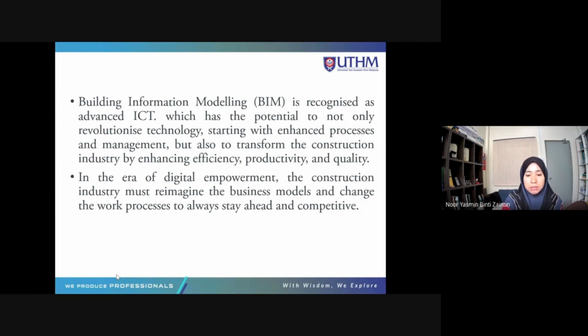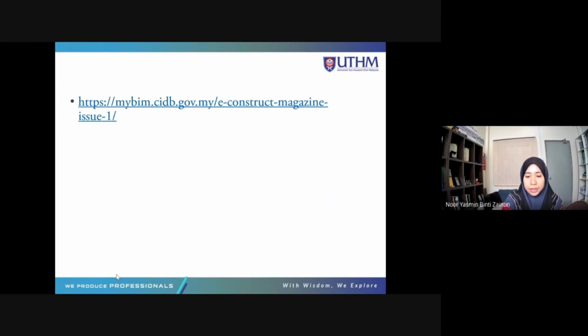So BIM is actually recognized as an advanced ICT. Okay, so it can actually enhance process in management and transform the construction industry by enhancing efficiency, productivity and quality. Okay, you can go to this link for more information on MyBIM.